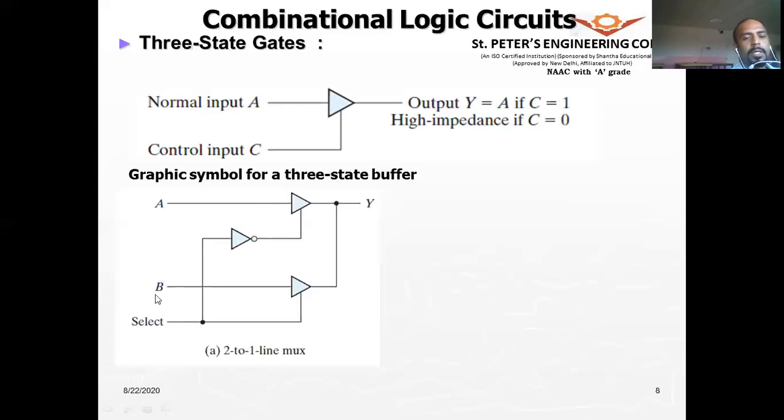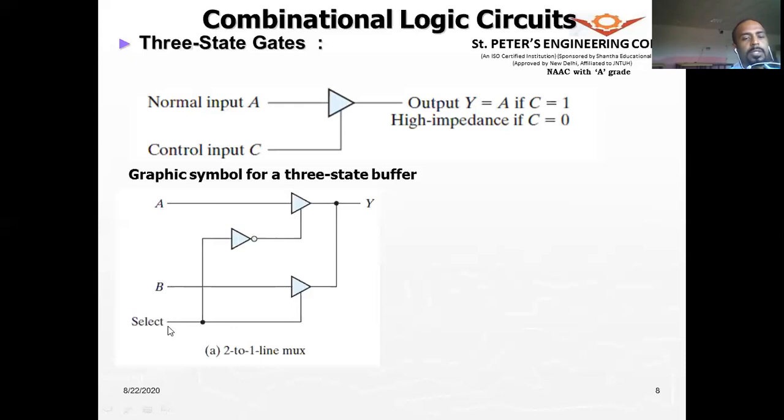B is given to another buffer, a tri-state buffer. And now instead of directly giving A to the output, we are giving it through a buffer. All right, it's a tri-state buffer. So B also is available, but that is not presented to the output Y because of the select being 0.